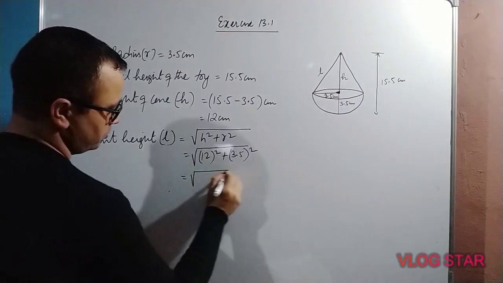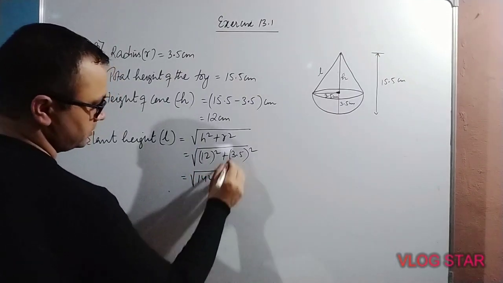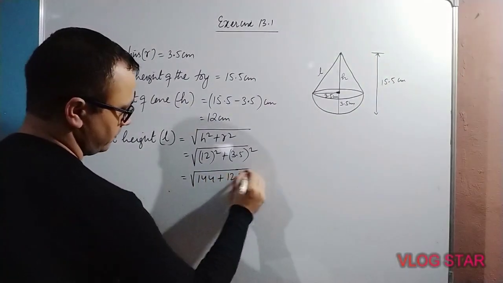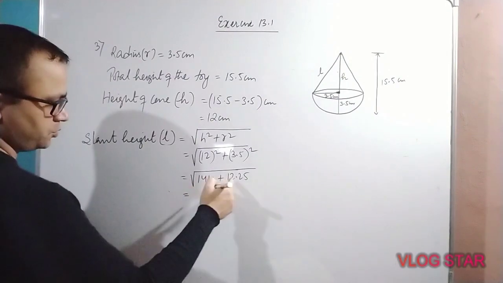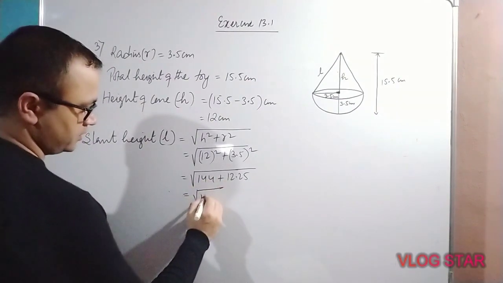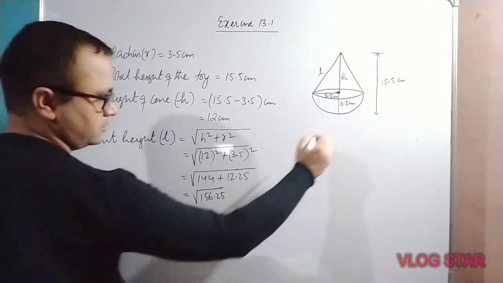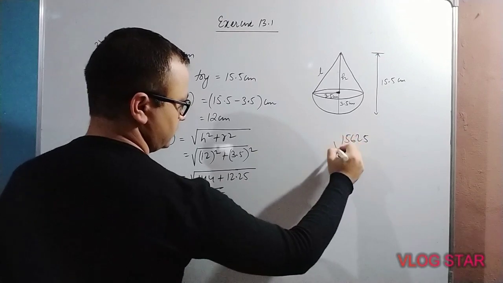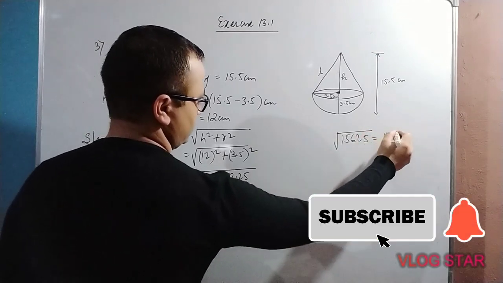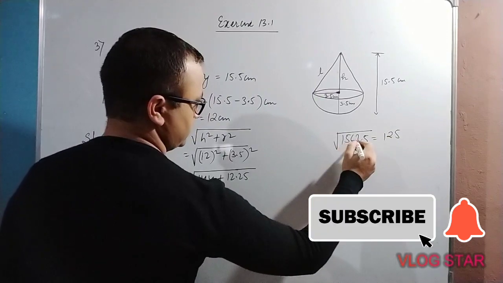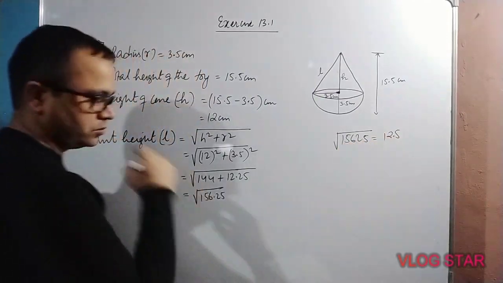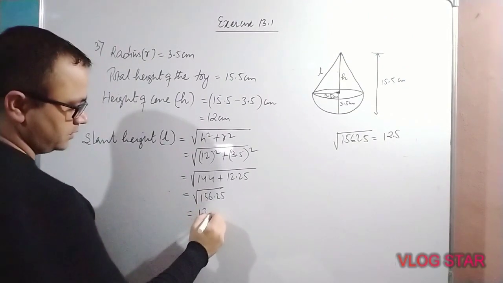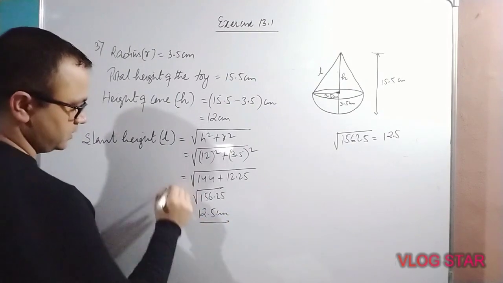The square of 12 is 144, plus the square of 3.5, which is 12.25. So under the root it is 156.25. The square root of 156.25 is 12.5 centimeter. This is the slant height.